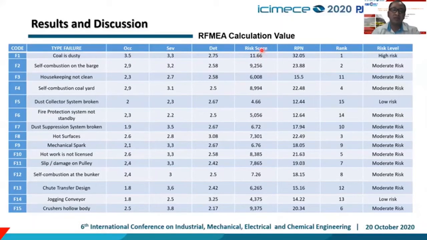The risk score is the multiplication of occurrence and severity, and the RPN, risk priority number, is the multiplication of occurrence, severity, and detection. After we obtain the risk score and RPN value, we can define the rank and the risk level of a failure.